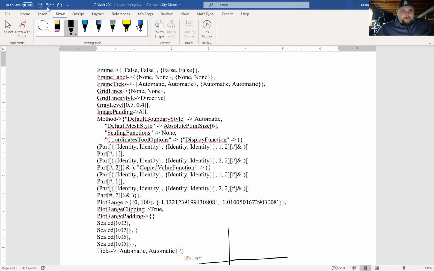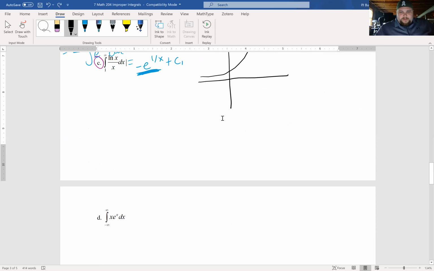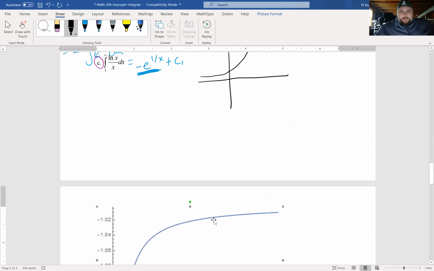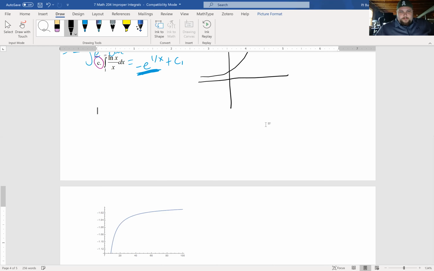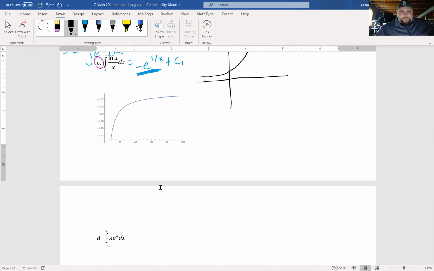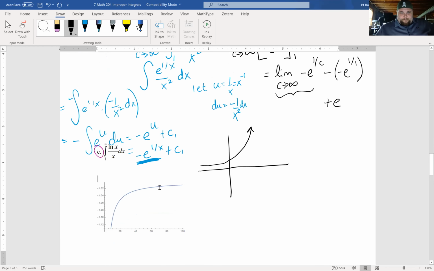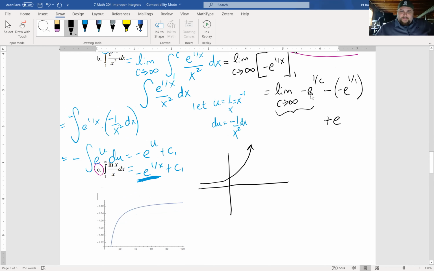Ooh, that's not what I wanted. I thought that was going to be a picture. There we go. This is what our exponential looks like. So negative e to the 1 over c looks like this. I've only plotted out the 100 terms, but you can see that it's leveling out.